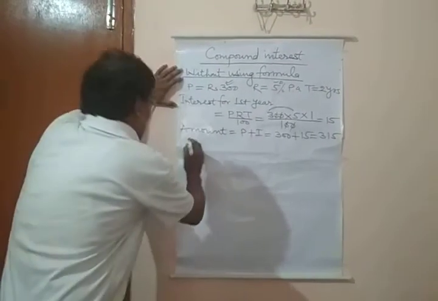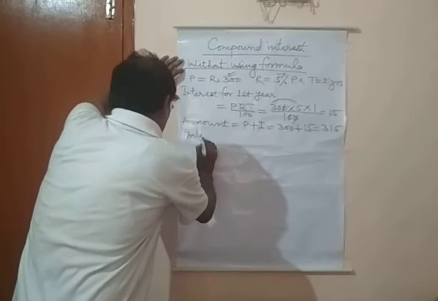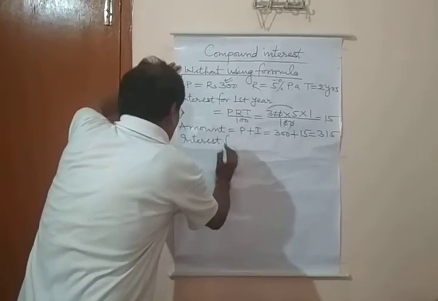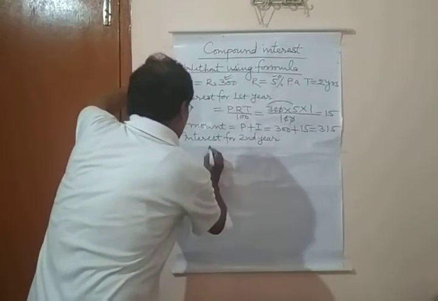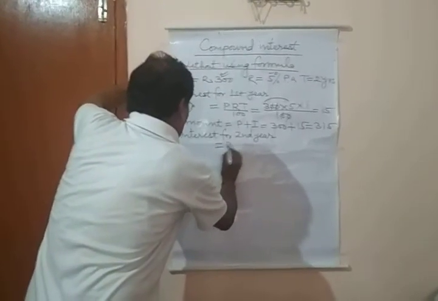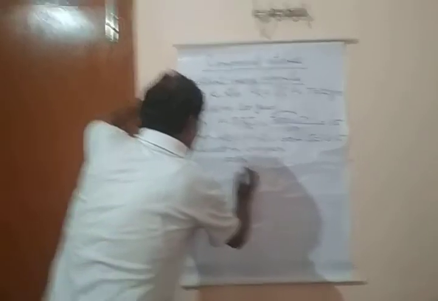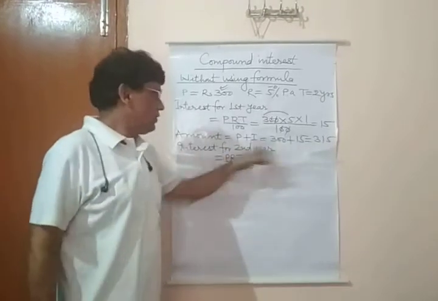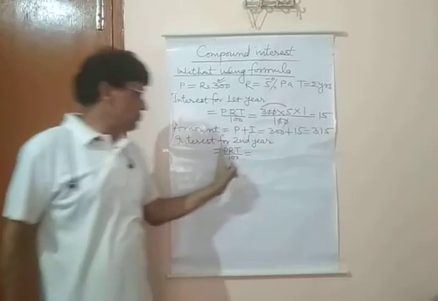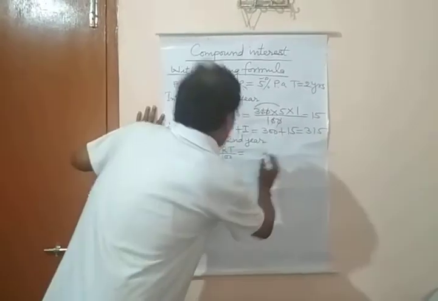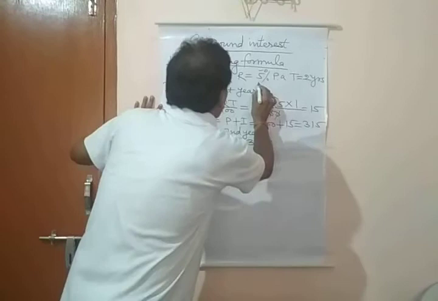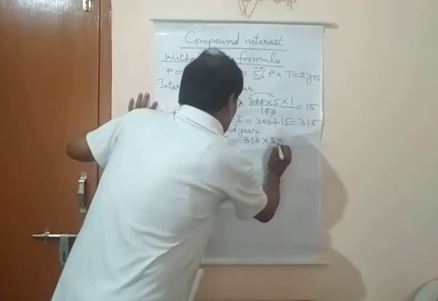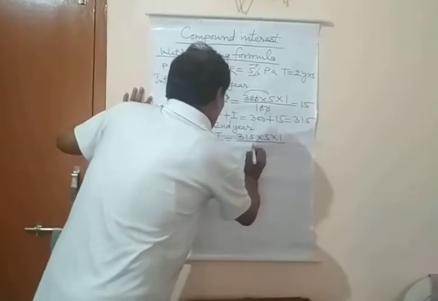So now interest for second year. That is equal to PRT upon 100, same formula. In place of P, this amount 315 will become principal for second year. So 315 into R is 5% into T 1 upon 100.